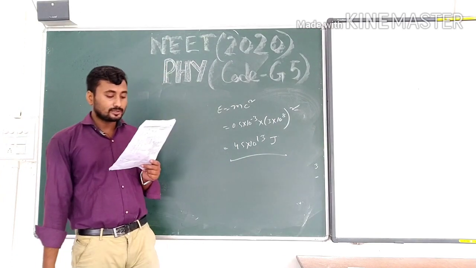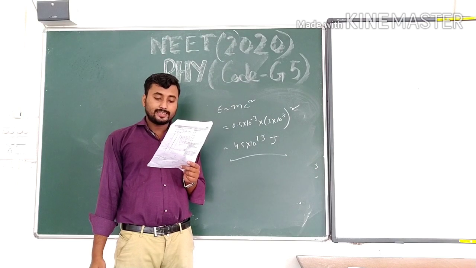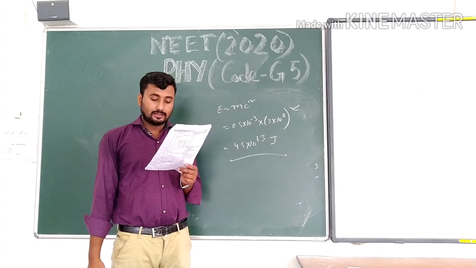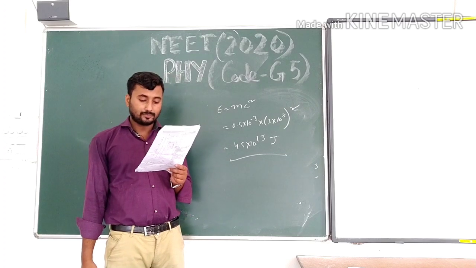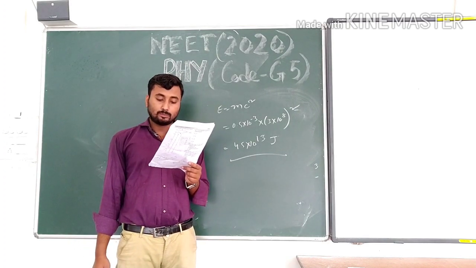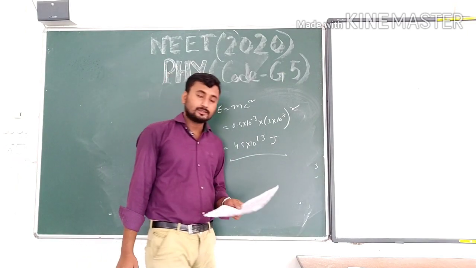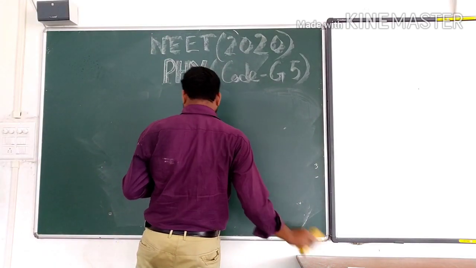Next, 175. A capillary tube of radius r is immersed in water and water rises in it to a height h. The mass of the water in the capillary is 5 g. Another capillary tube of radius 2r is immersed in water. The mass of water that will rise in this tube is. So, what is the expression of mass?